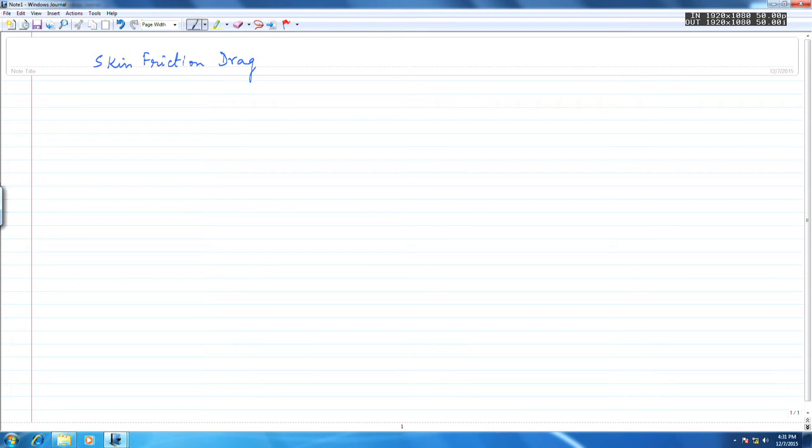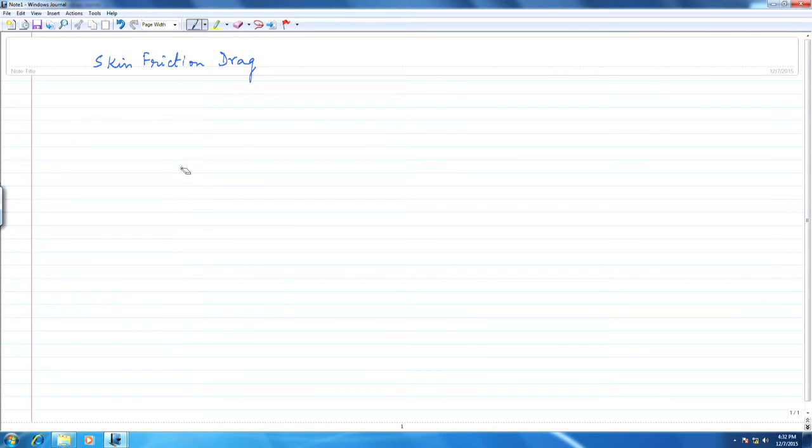Now, for example, I'm going to draw a couple of scenarios. Now look at this scenario. Okay, this is an airfoil. Well, actually, now let's get that out.